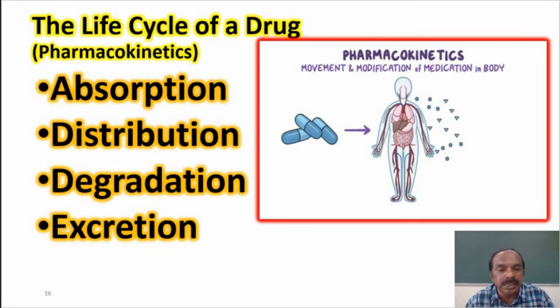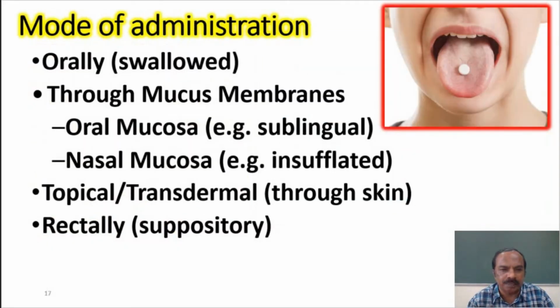It has to be degraded before it is bringing about the action. And finally, how the excretion of this drug or the products of the drug are released to the outside by excretion. So this is the life cycle of the drug in the body of a human being, and this also is called pharmacokinetics.